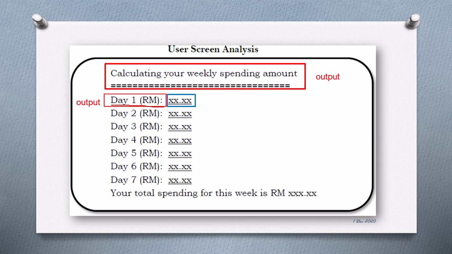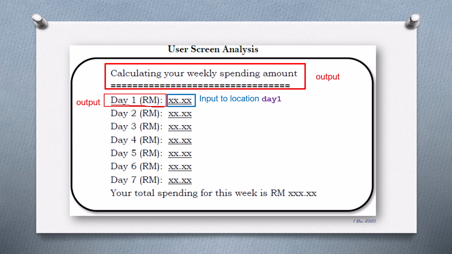What about this one? This one, as mentioned earlier, the underlined text is the value given by the user. So this is input. You have to input a value into a location, so name that location. In this case, it will be appropriate if we name it D1, because of course we want to store the value for D1.